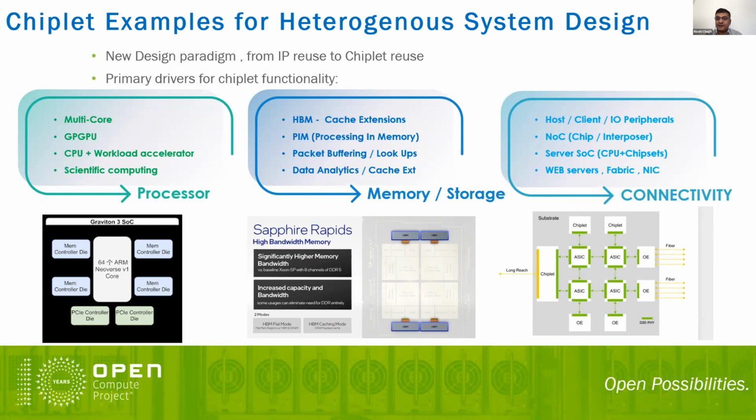It gives them that flexibility. Another aspect of connectivity is the optical engine. People are trying to do co-packaged optics on the die itself, and they don't want to use an optical module because of beachfront density or bandwidth requirements. So the silicon photonics optical engine also becomes part of the chiplet family.